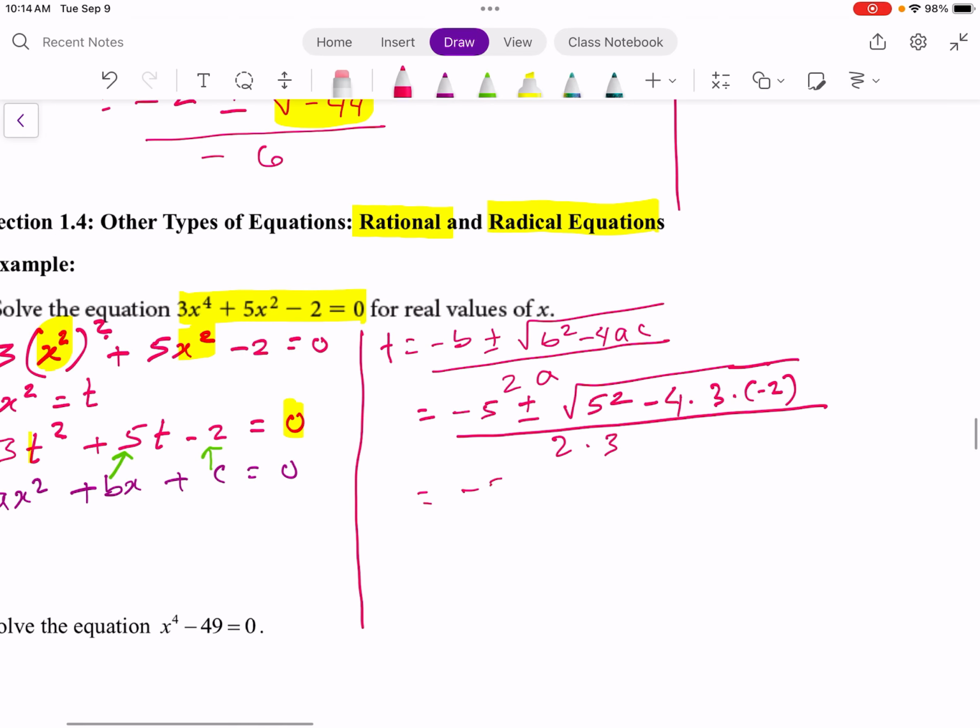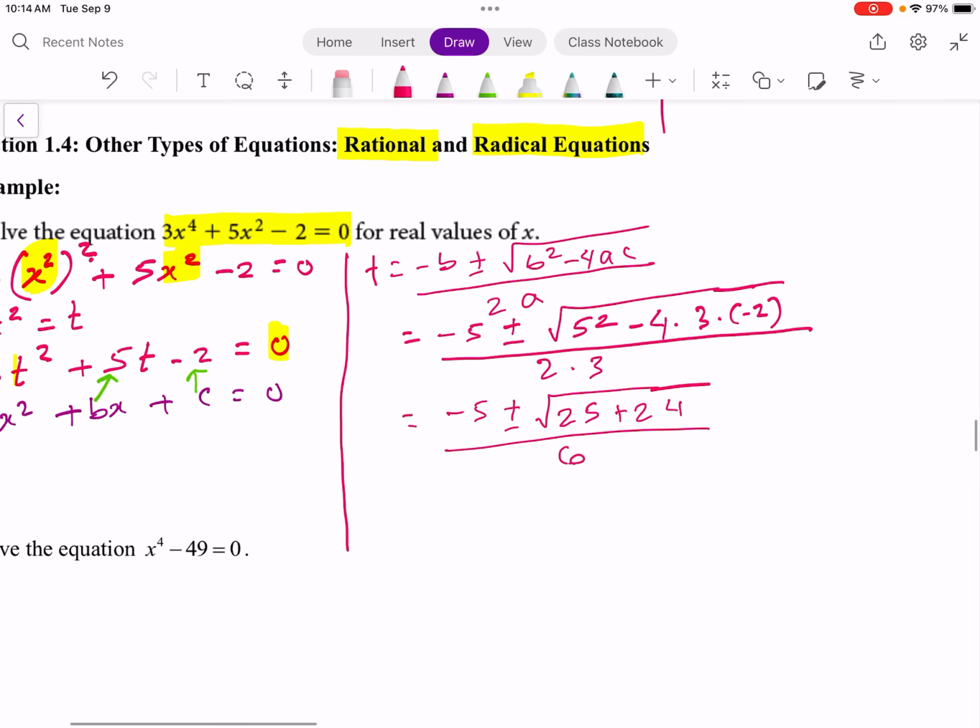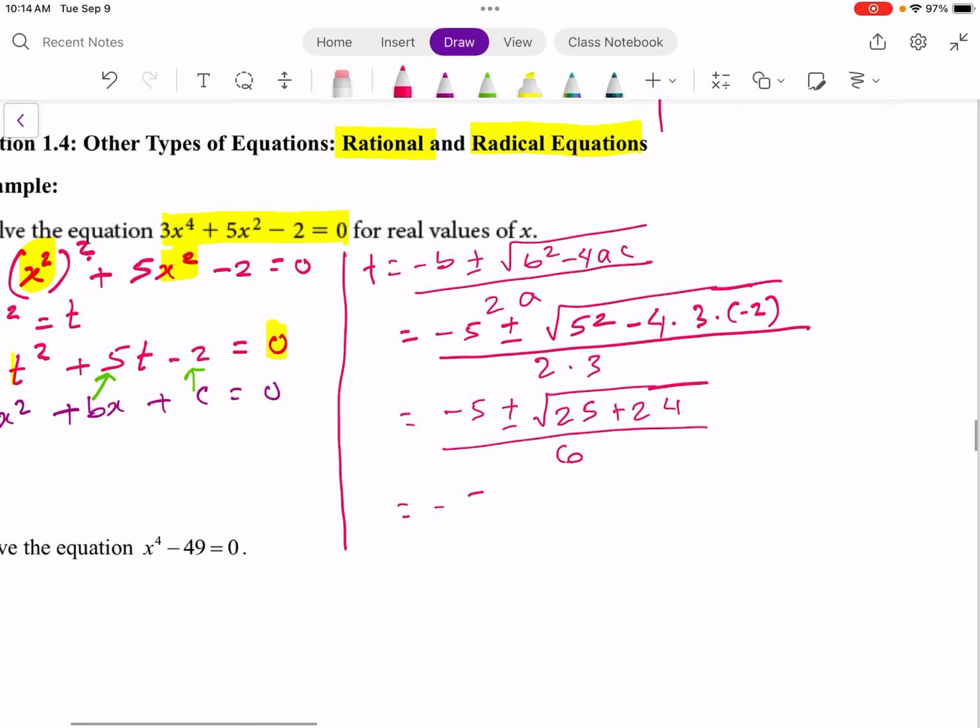We have negative 5 plus or minus 5 square, that is 25, minus 4 times 3, negative 12, times negative 2, that is positive 24, divided by 2 times 3, which is 6. This is negative 5 plus or minus square root of 49, divided by 6.